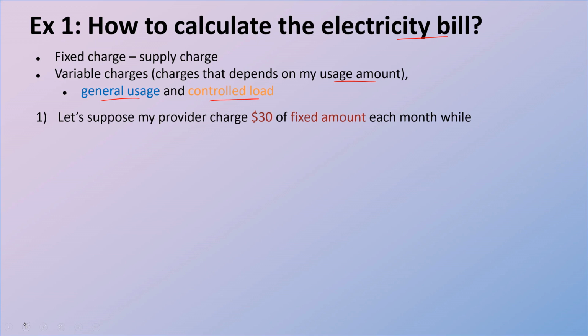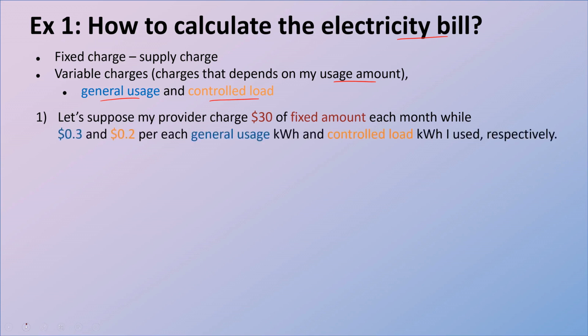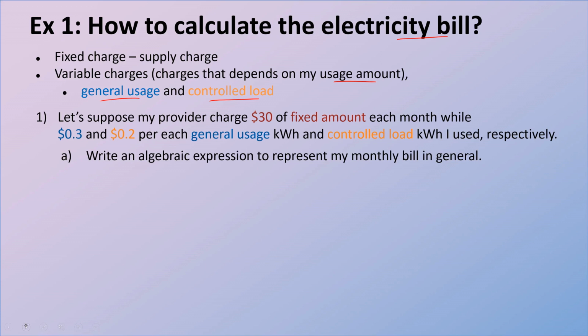Suppose my provider charges a fixed $30 each month, while 30 cents and 20 cents are charged per general usage kilowatt hour and controlled load kilowatt hour used, respectively. Now I want to write an algebraic expression to represent my monthly bill in general, because it changes from month to month.